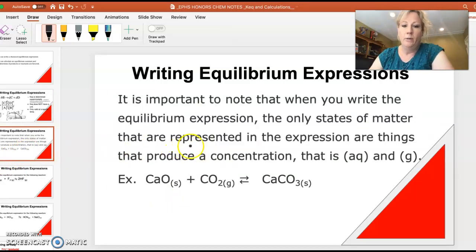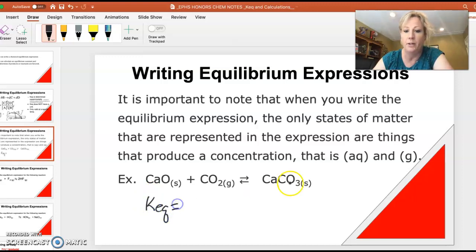So when you write these equilibrium expressions, we do not include liquids and solids because they're uniform, they're pure, they don't really have a molarity or a concentration. So for when I write this KQ expression, remember, it is going to be your products over your reactants.